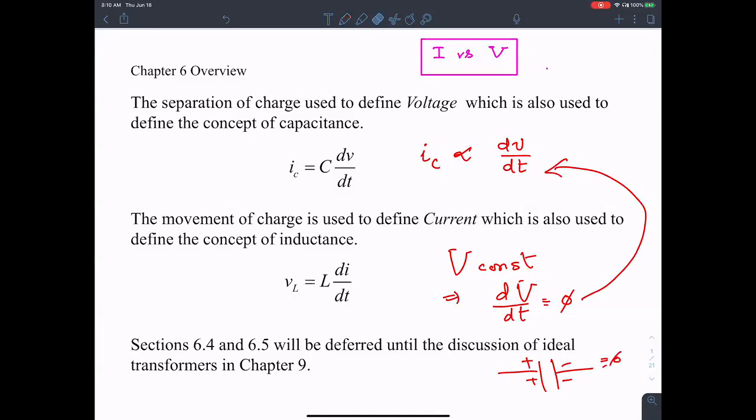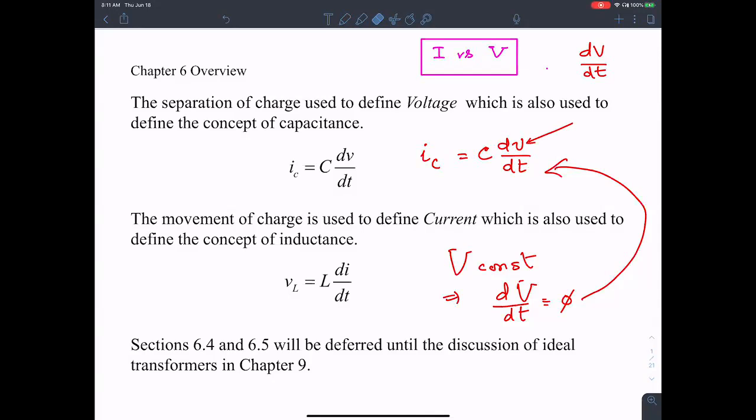So the idea is I is C dV by dt, where C is the capacitance of the capacitor, V is the voltage, and dV by dt is the derivative of voltage with respect to time. That's the slope of voltage versus time.